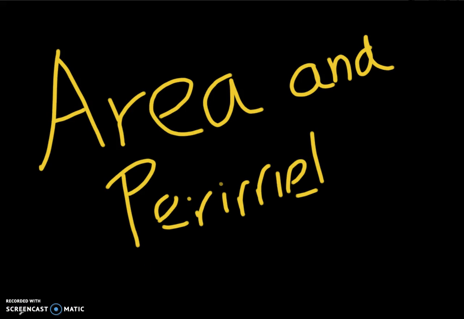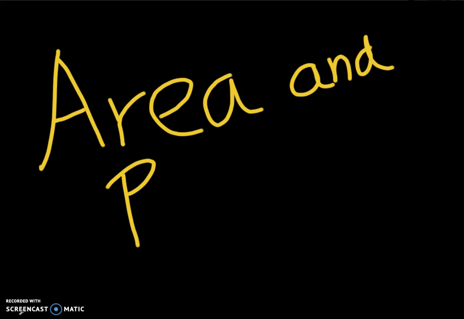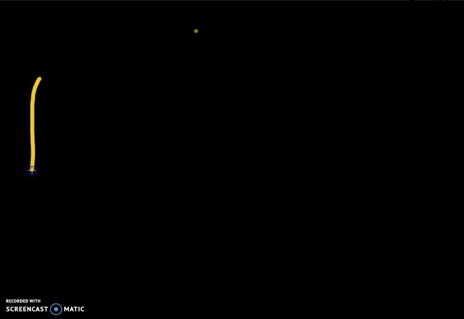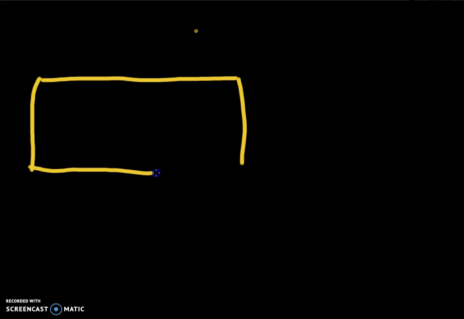In today's tutorial, we're going to go through the area and the perimeter of a few specific shapes. But before that, we need to find out what area is and what perimeter is. Take any shape, a quadrilateral, a rectangle. It's not neat, it's not straight, please forgive me.